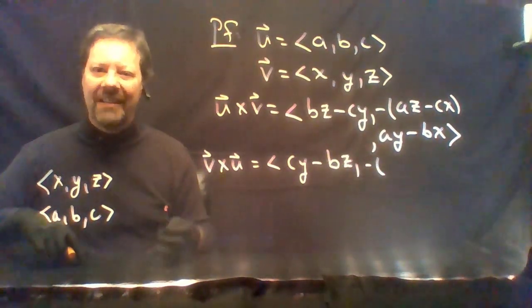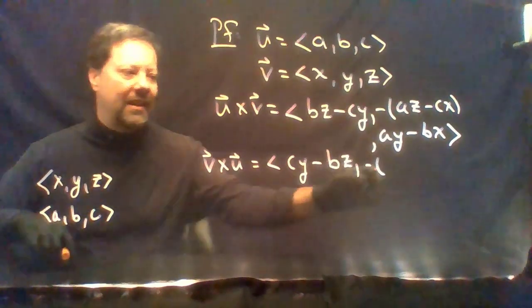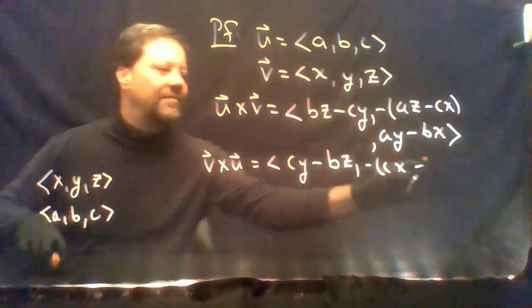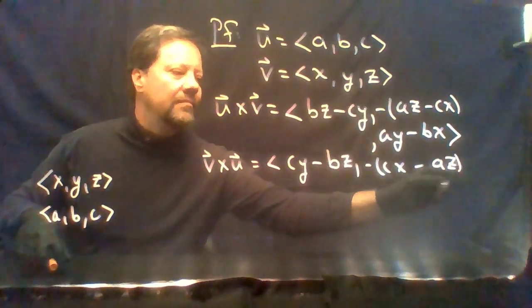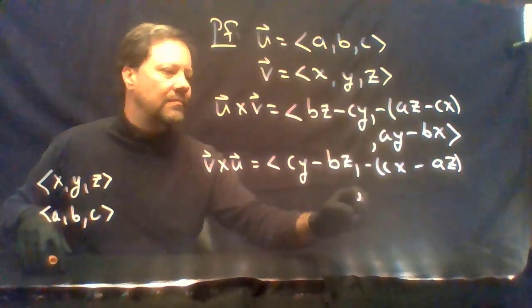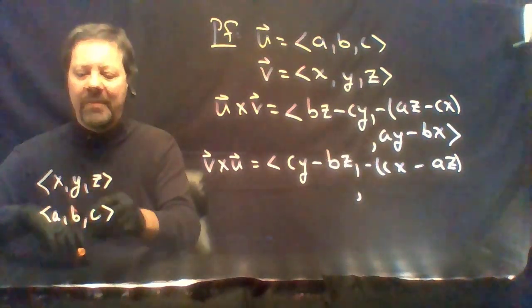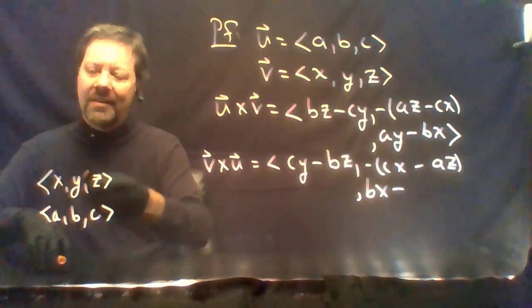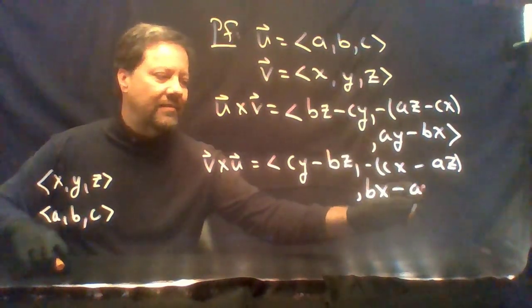A preemptive negative on that middle cofactor, XC minus AZ. And then BX minus AY.